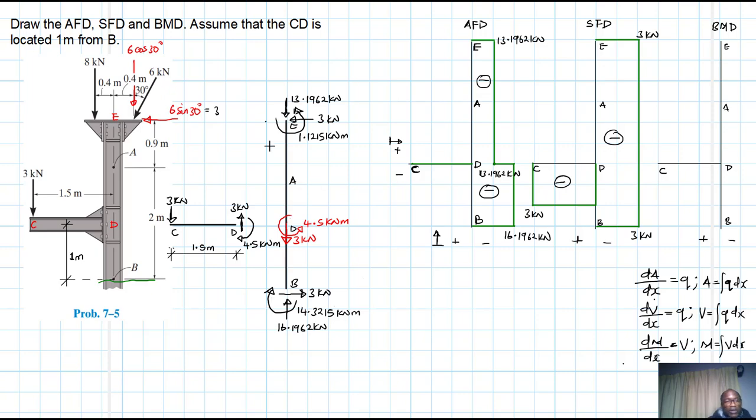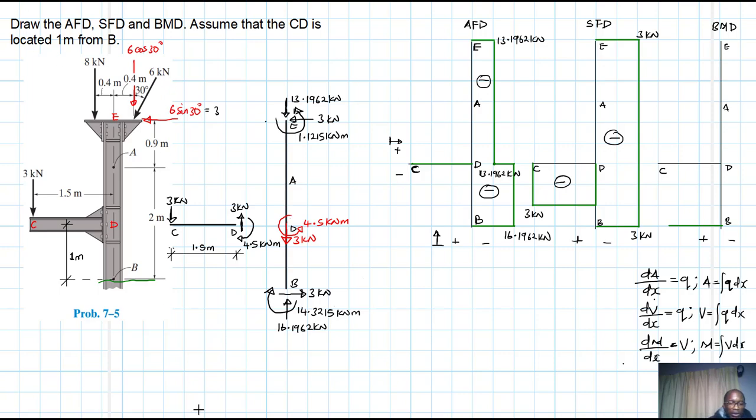So that's the value we are going to use as our initial value. Therefore, we expect our moment to have this value of negative 14.32. So we'll have a negative value up to maybe somewhere there.